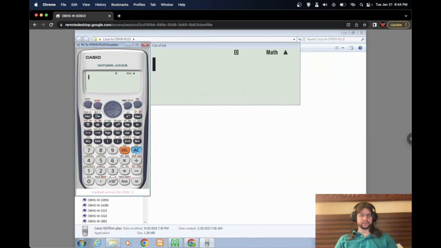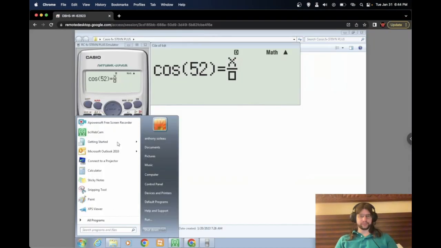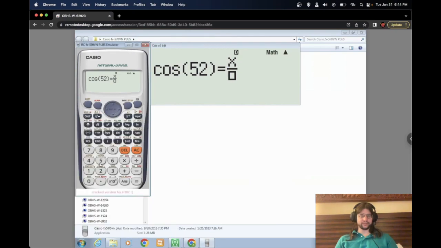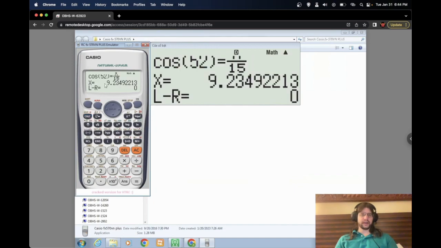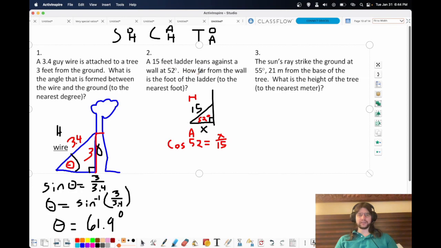Cosine 52, make sure you close that parentheses, equals x over 15. Shift, calc, equals. 9.2, and it says to the nearest foot, so 9. So that means x is 9 feet.